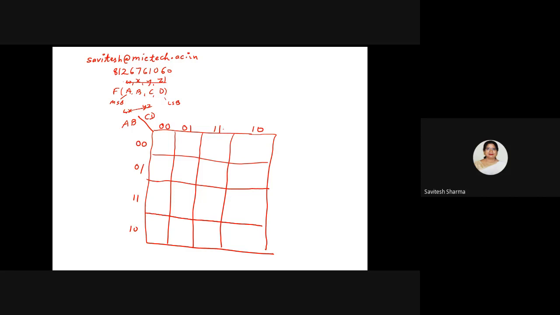Got it? Now I am telling you how to write the cell number. I write the sequence like this: A, B, C, D. Whatever intersection I get, I will write here. For this cell, vertical is 0, horizontal is 0, 0. So the combination is 0, 0, 0, 0. What is the decimal equivalent? 0.